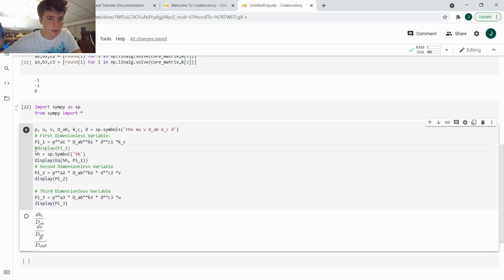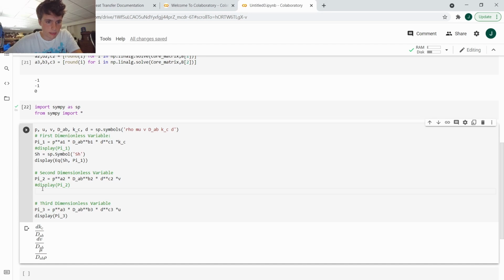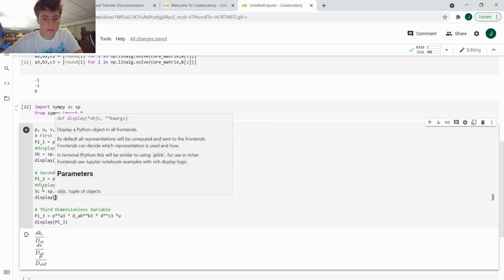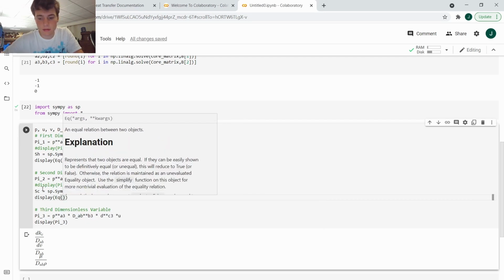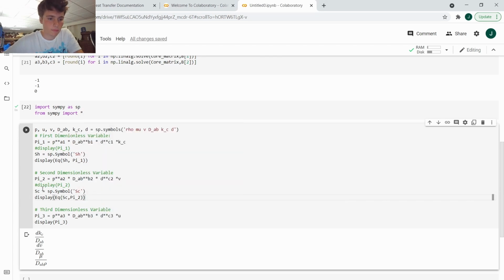We don't need to display that anymore. This one here we said was the Peclet number. So Peclet, sp.symbols, and equation, that's equal to pi 2. And then this third one is the Schmidt number. We don't want to use that. Well, we could use that, but what they used was the Reynolds number.